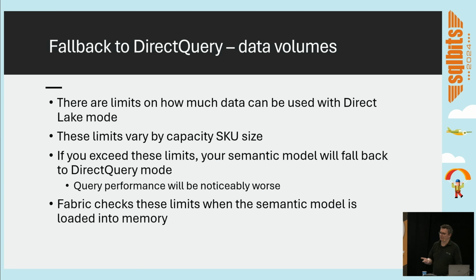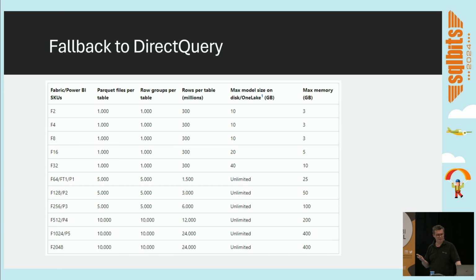And Fabric makes these checks when you start to run queries, when the semantic model starts to be loaded in. It's quite complicated, the different thresholds. There is a maximum amount of memory that can be used. This is a table that I've just copied from the documentation. There is a maximum amount of memory you can use, but also we look at the number of rows in a table, we look at the number of row groups, the number of Parquet files.